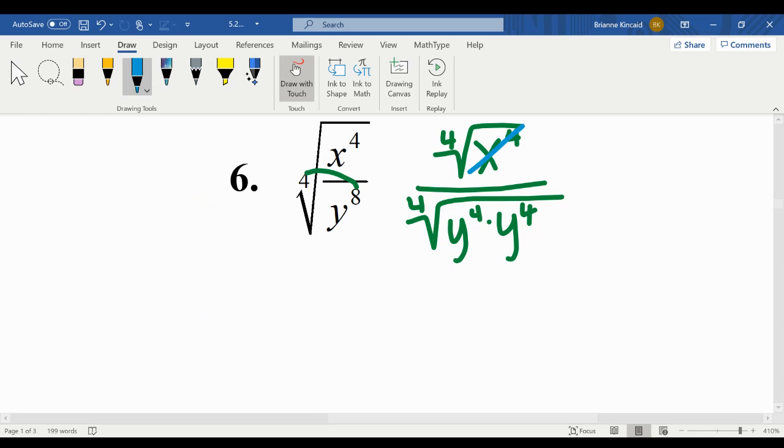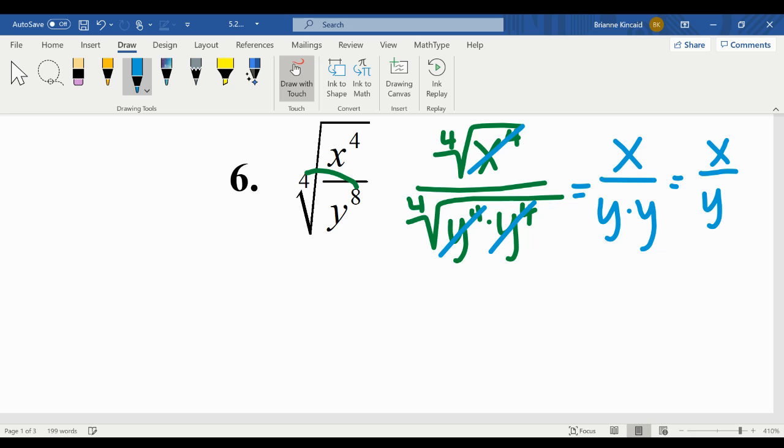So x to the 4th comes out as x. Y to the 4th comes out as y, y to the 4th comes out as y. So our final answer is x over y squared. Remember, you're trying to get every number and variable to be written as that number or variable raised to whatever your root is.